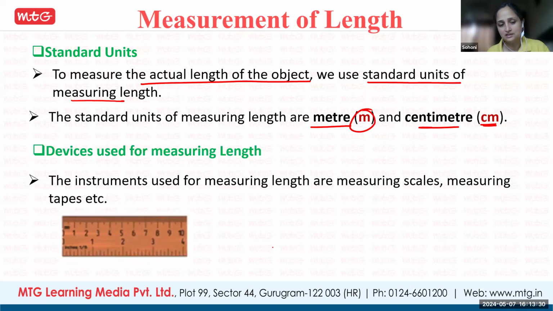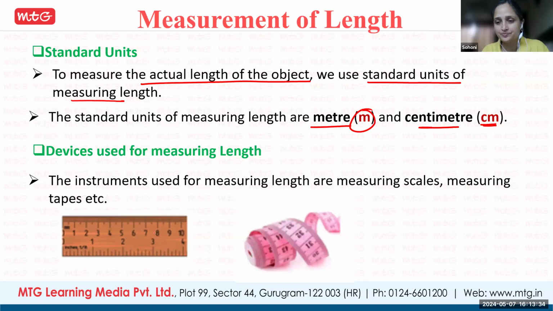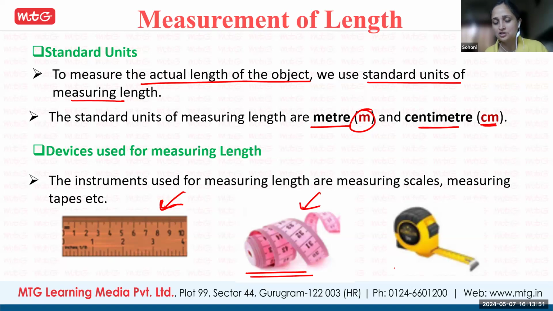And the devices are this one, ruler, tape. This is also a tape. So this is the ruler which we use as students. This one, the tape, is used by the tailor, right? When they measure the length of the cloth, they use this tape.